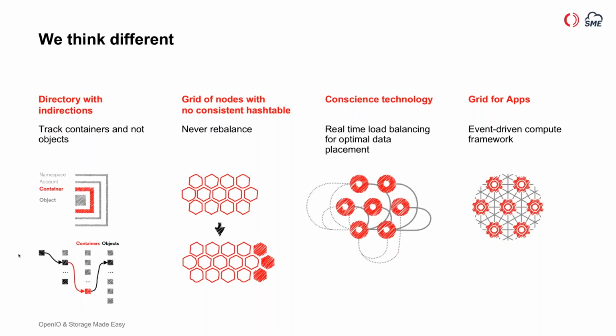But to be sure to always get it right in terms of performance and resource allocation, we use what we call conscious technology, a mechanism that collects sensors all around the system and computes a quality score.